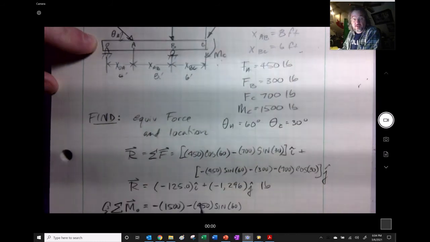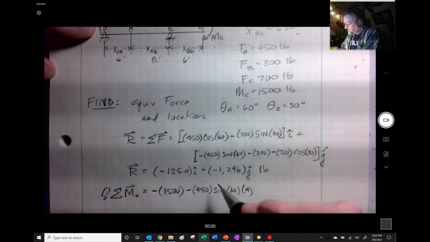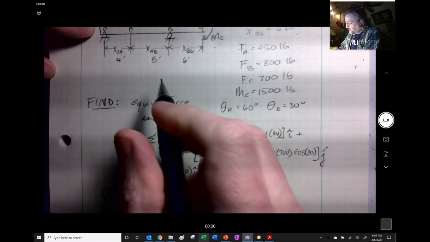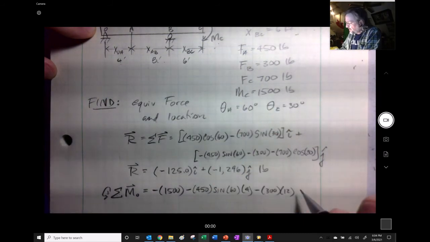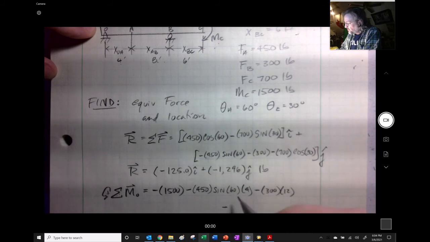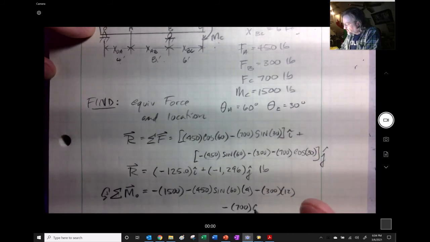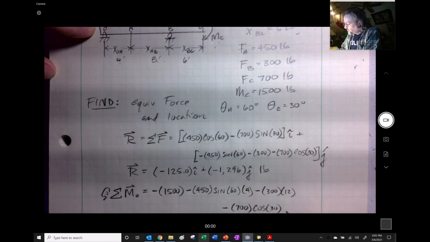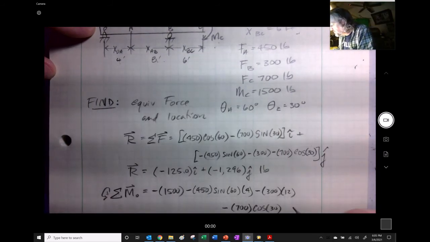So this is that times our 4 feet. The next is going to be our 300 times 12 feet. And lastly, we're going to take our 700 times the cosine of 30, and multiply it by 18.